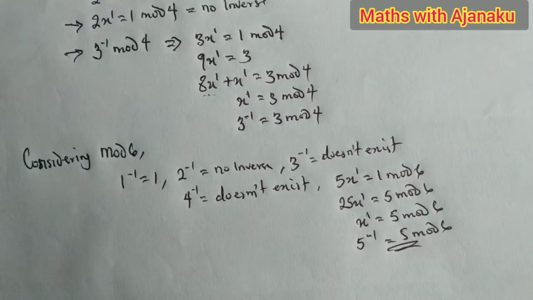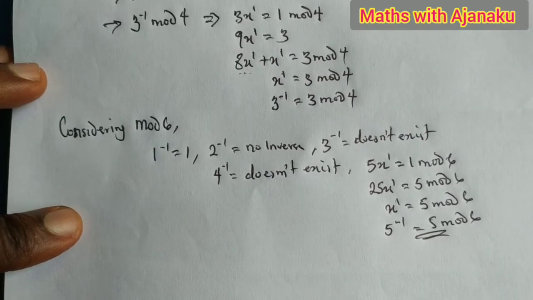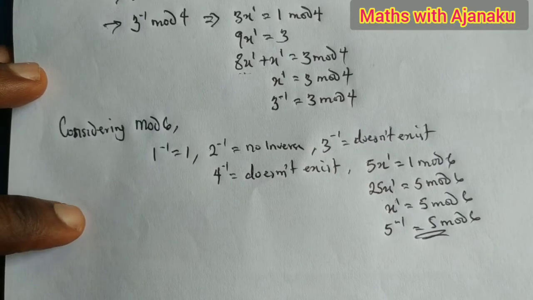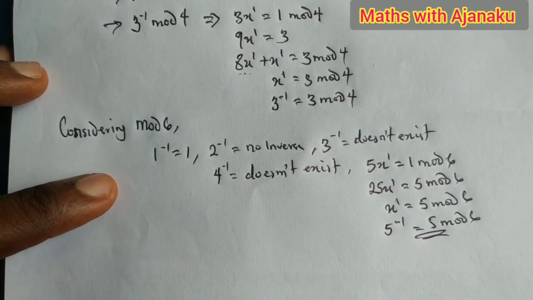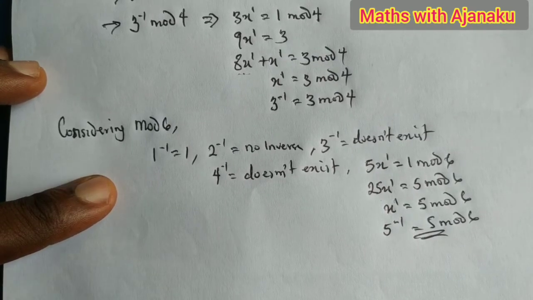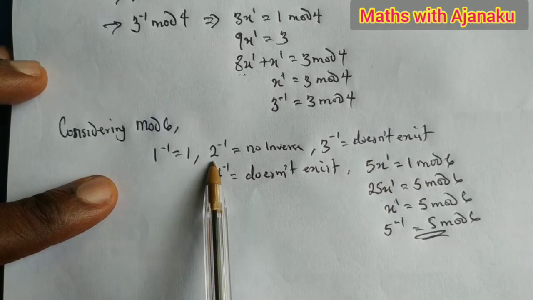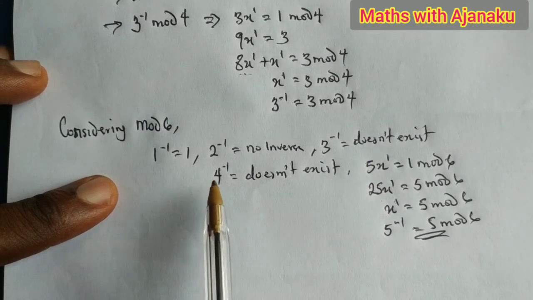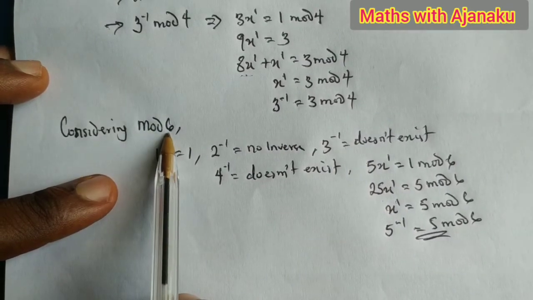With this, we can deduce that any number that shares a factor with the modulo, or is a factor of the modulo itself, has no inverse in that modulo. Just like 2 and 3 are factors of 6.